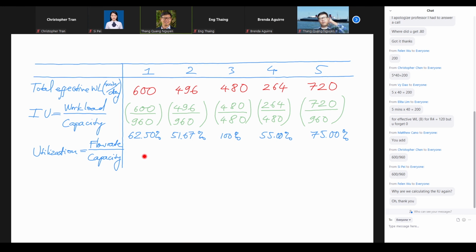Try that for 1, everything else should be the same. So what would be the utilization at 1?